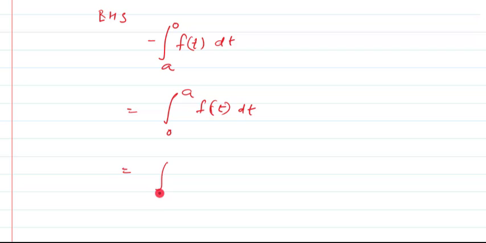So further we can write this as 0 to a f(x) dx, which is nothing but simply equal to the LHS. So this property, as I told you, is very useful, and we will use it in many of the questions of this chapter. So now let me take some problems, some examples to illustrate these properties.